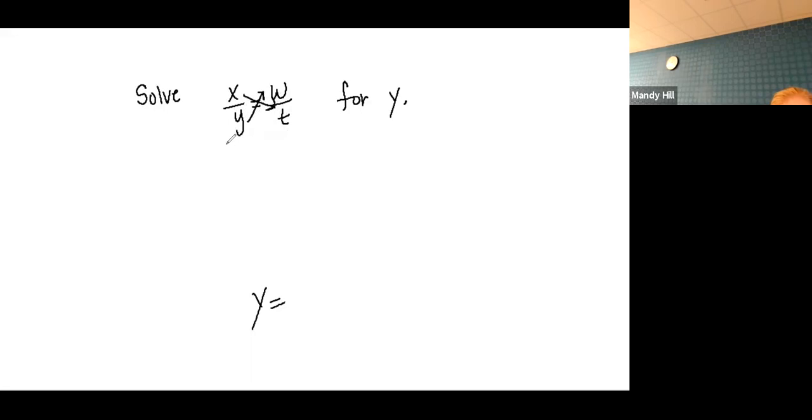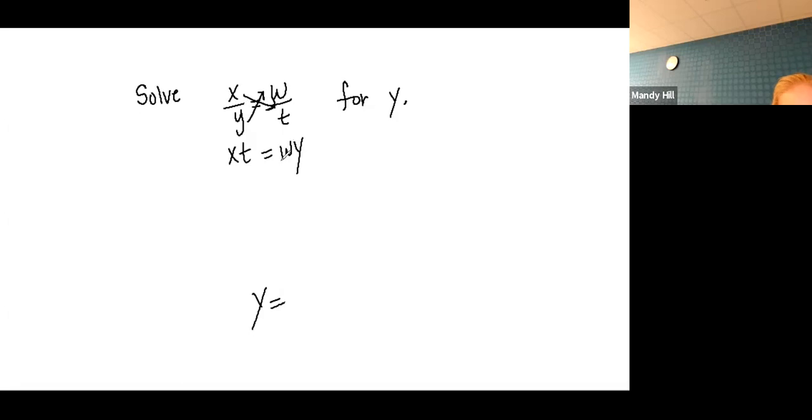So x times t is equal to w times y. I'm not really writing these in any specific order. Most of the time they're listed in alphabetical order when you start dealing with letters. But I need to get y by itself, and right now there's a w times y.